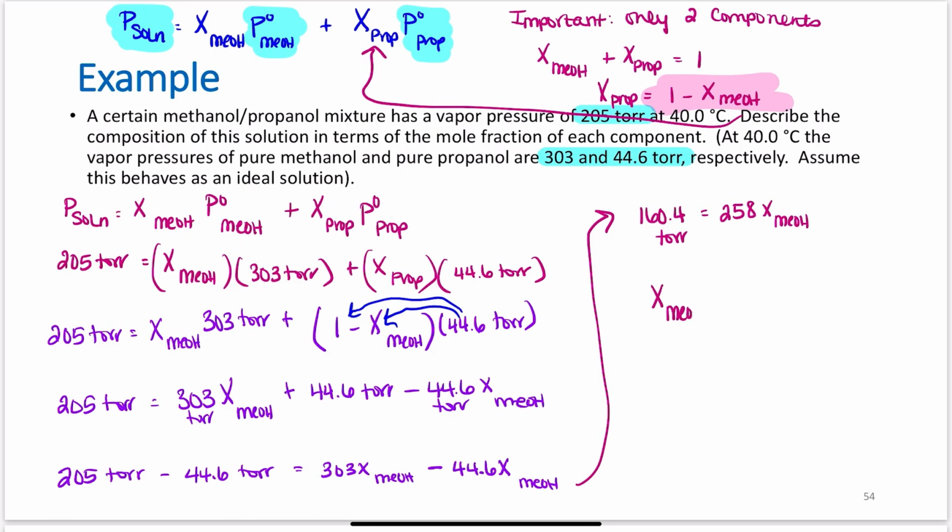Solve for the mole fraction of methanol here. My torr cancels out in the division here. Solve for the mole fraction of methanol, and I get 0.621. And I know that the mole fraction of methanol plus the mole fraction of propanol has to equal 1. So I can take 1 minus the mole fraction of methanol. I get the mole fraction of propanol, and it equals 0.379.